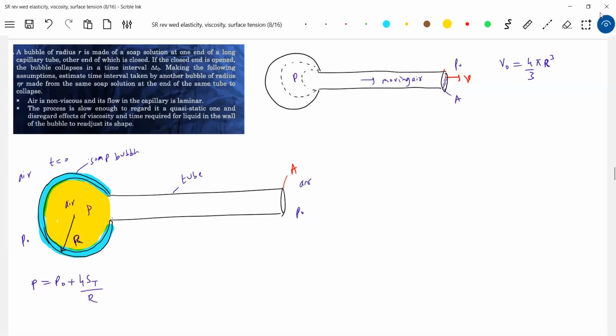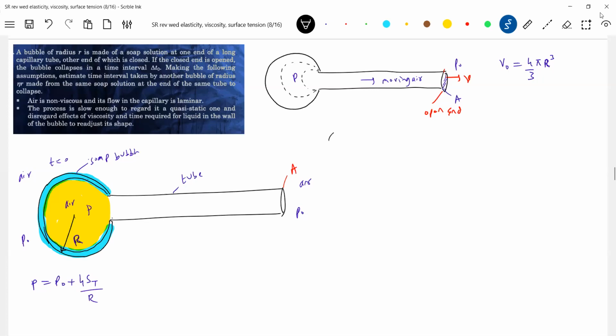The amount of air that is decreasing in the bubble will rush through the open end. So the amount of air decreasing in the bubble should be equal to the amount of air coming from the open end per second. So shall we use the conservation of mass principle?